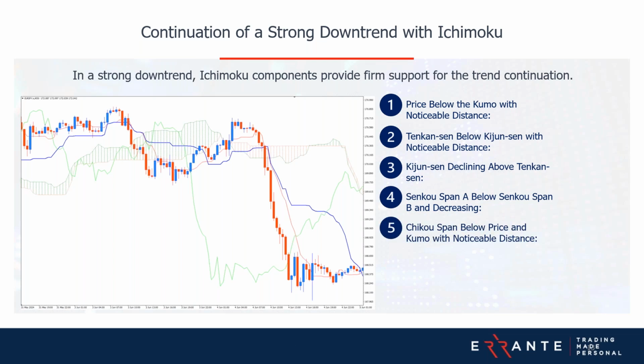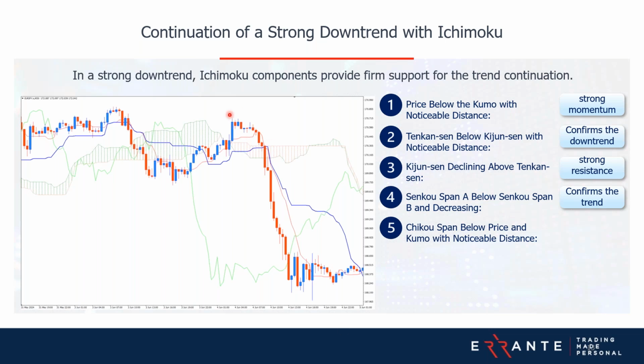And of course, Chikou span below price and Kumo and other components with noticeable distance. So here we can understand the strong momentum in the market. We can confirm this downtrend, and we can use the strong resistance levels to measure market rebounds, or as a metric for our stop loss or something like that.